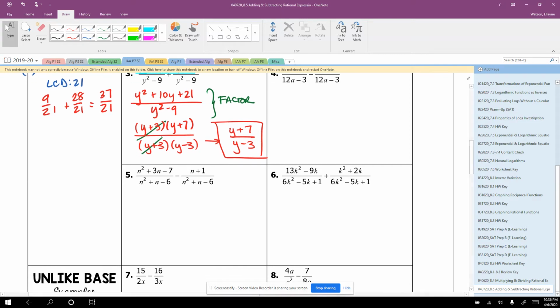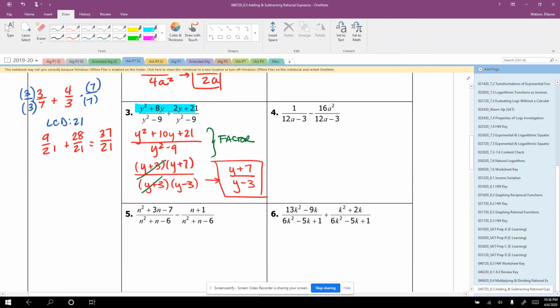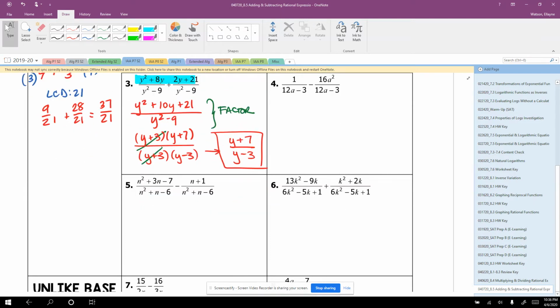Okay, so number 5. Again, same base, so we're good there. We don't need to find any common denominators. So let's just combine the top. Now, hopefully you saw this negative here, right? So I like to think of it as, put that in parentheses, this negative needs to be distributed to each of these.